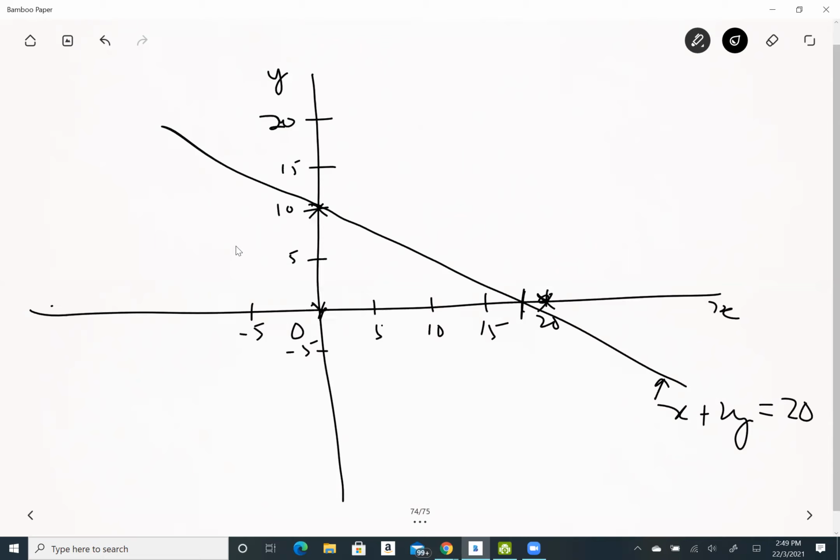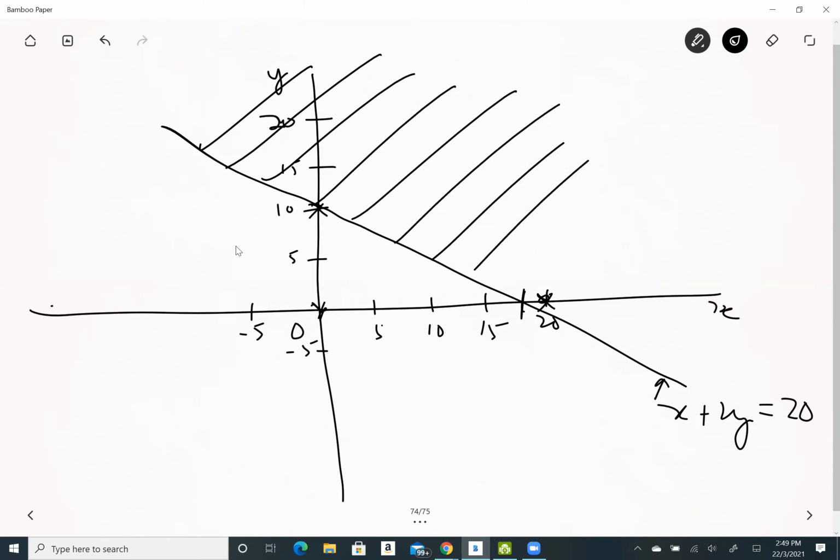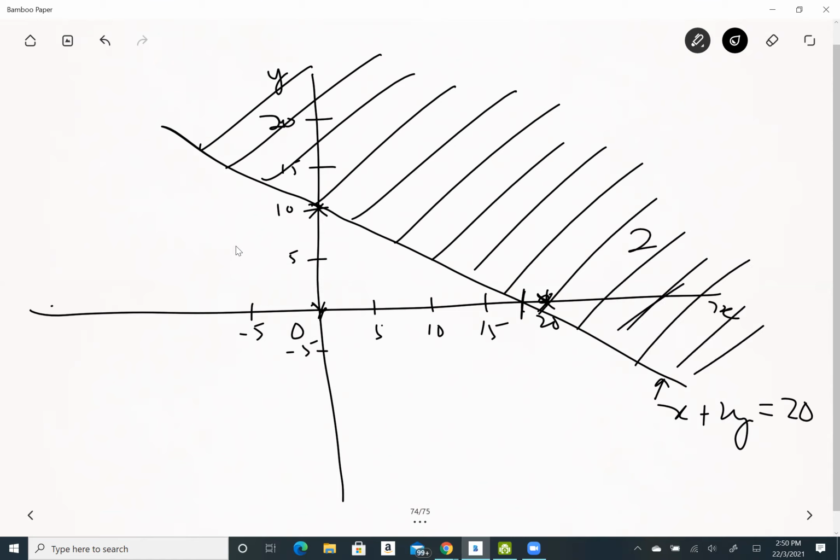That means it will be the points on the other side. So therefore it will be that area. Okay, everybody good? Got that? So label here x plus 2y bigger or equal to 20. So that is our inequality number 1.